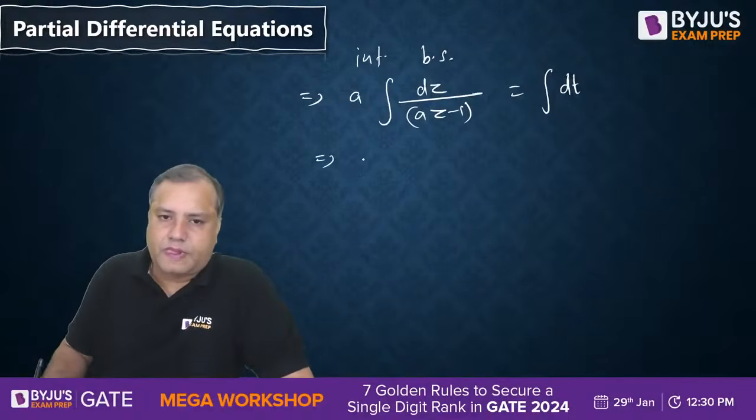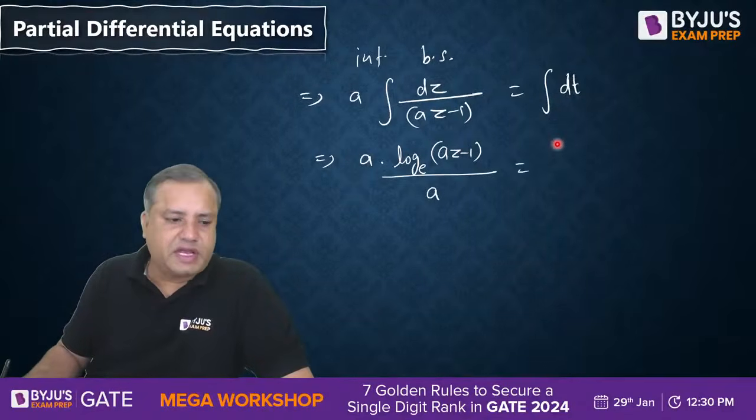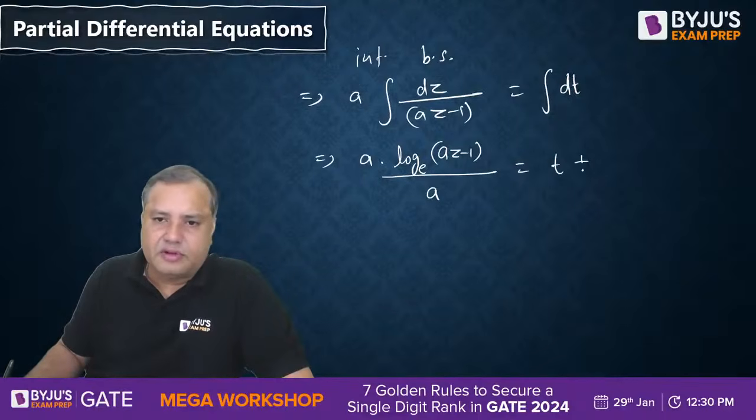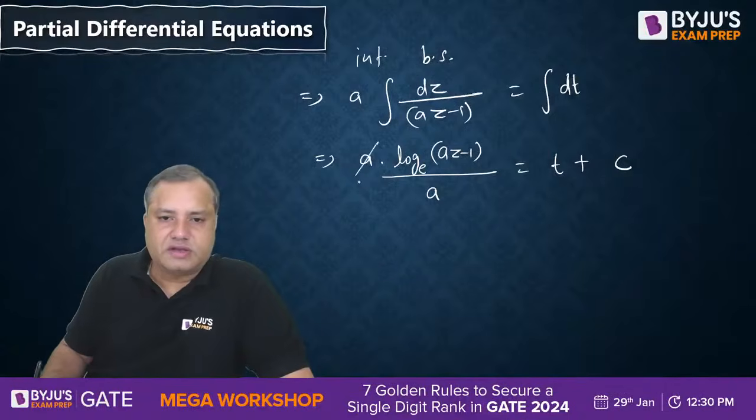Now integrate this. What you will get? Log of az minus 1 divided by the derivative of az minus 1, which will be a. Integration of dt will be t plus some constant c. A cancelled.